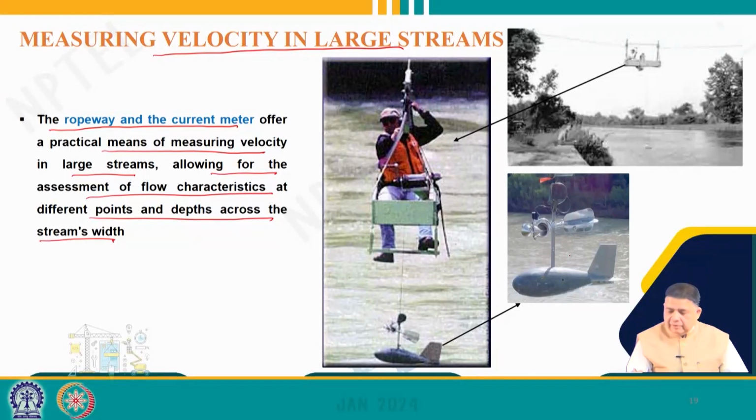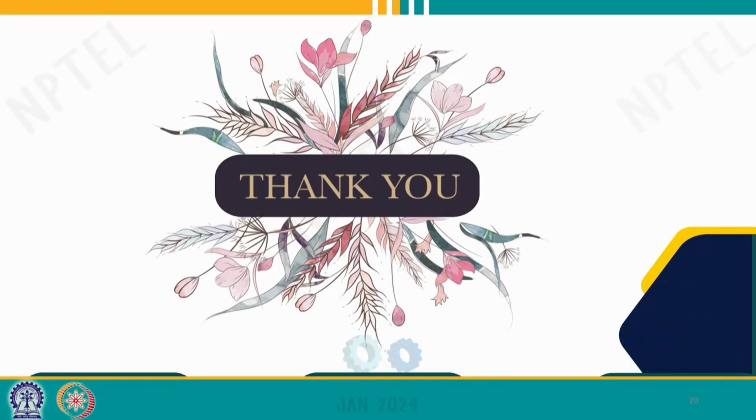The current meter is lowered, and the velocity is measured across the cross section of the large stream, and then knowing the area we can find out the stream flow.